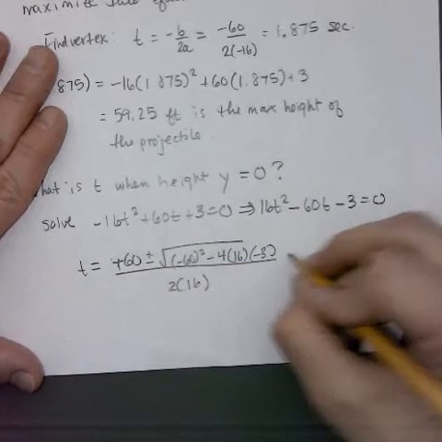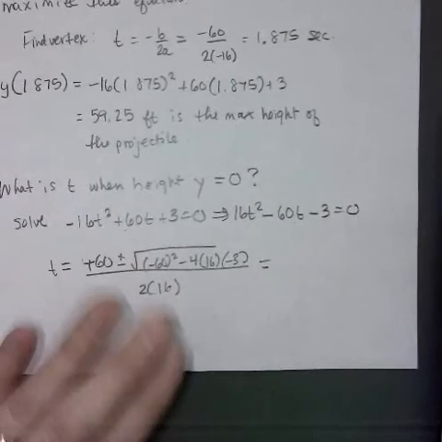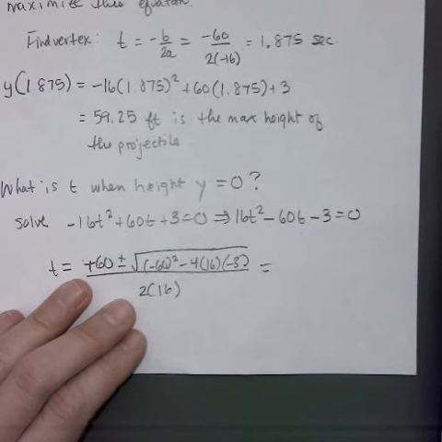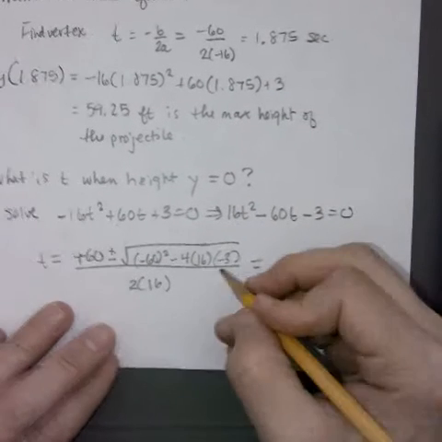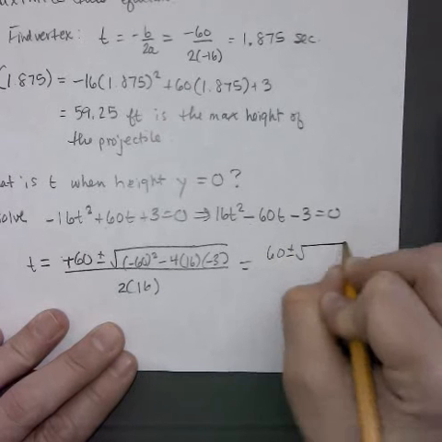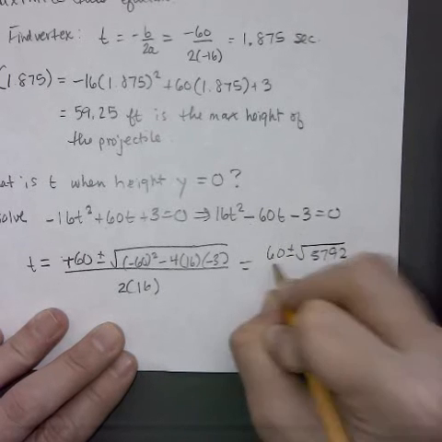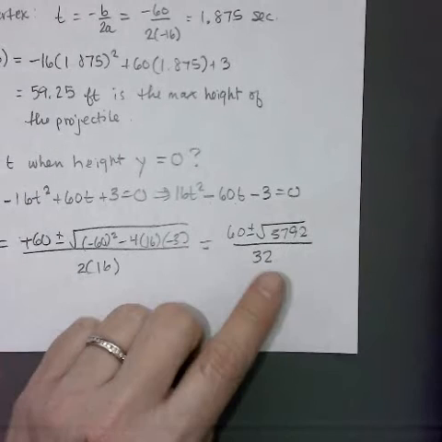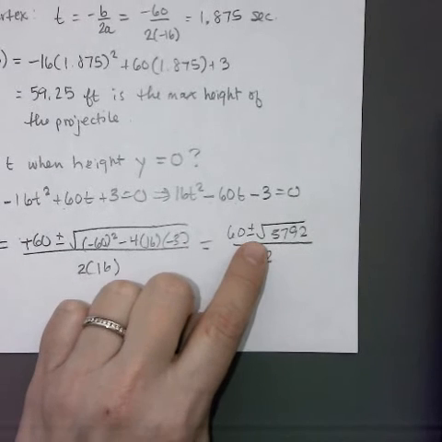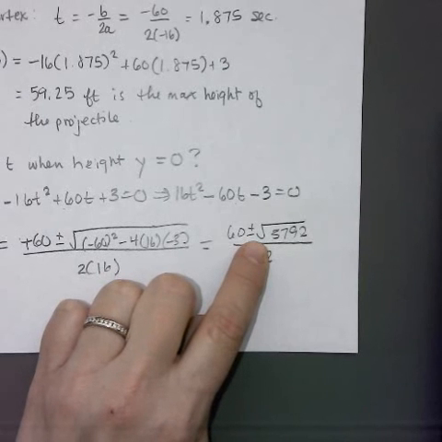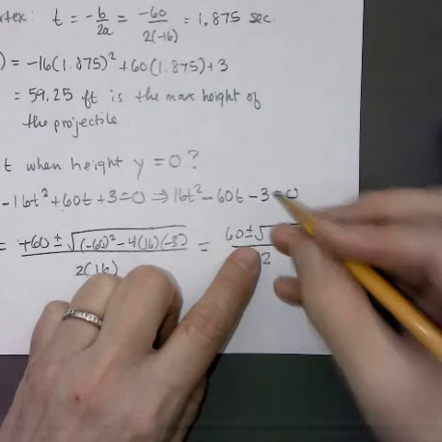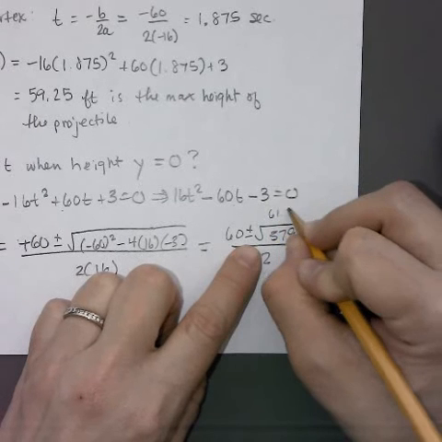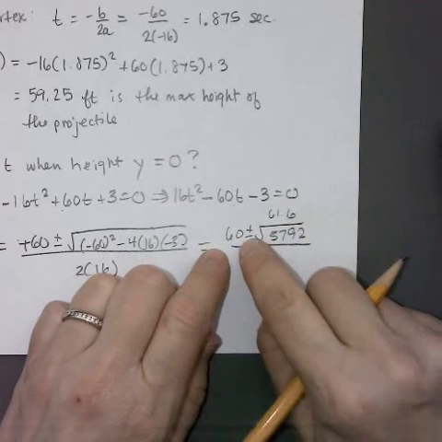So let's see what the discriminant is. 60 squared plus 12 times 16. So we get 60 plus or minus the square root of 3,792 over 32. The square root of this number is about 61.6. So you can see if you subtract that, you're going to get a negative answer.